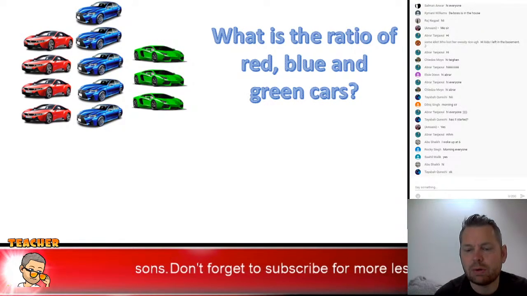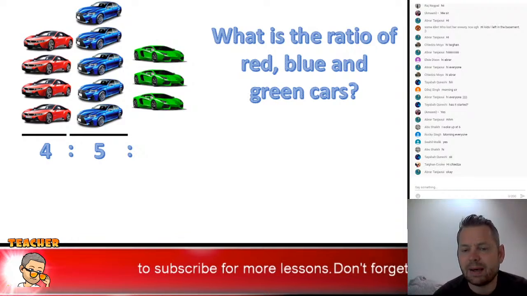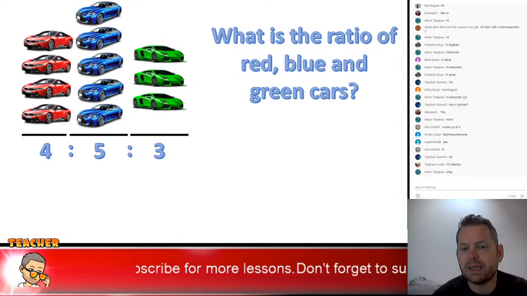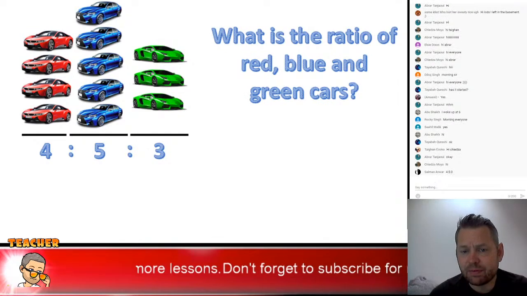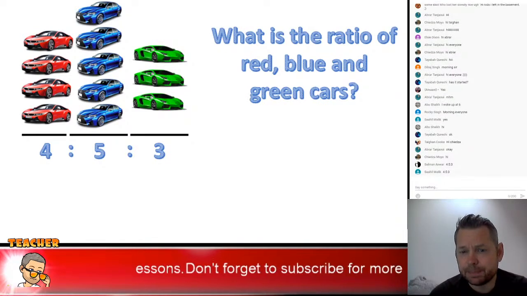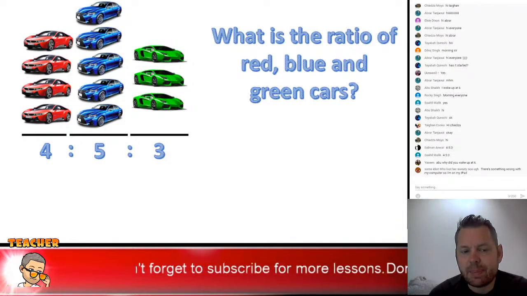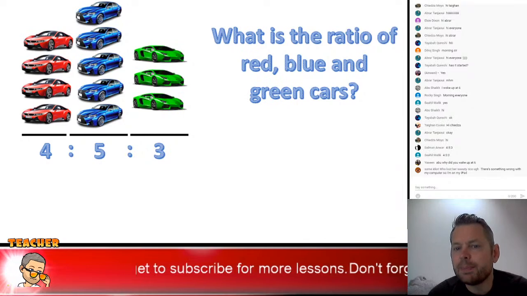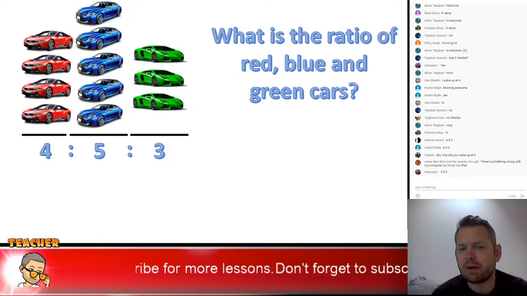So we have 4 red cars, we have 5 blue cars, and we have 3 green cars. And you can see that the ratio of all these cars together is 4 to 5 to 3. Okay, and the colon separates each of the numbers and gives us our ratio.